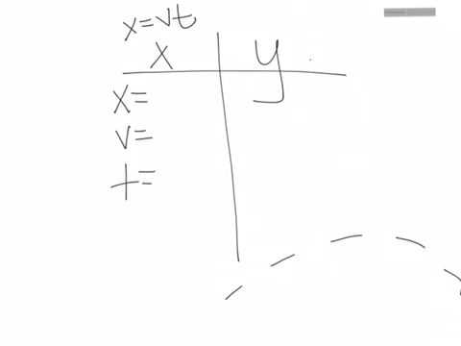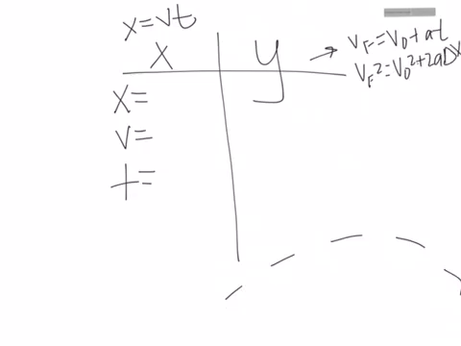In this column, we could use our vf equals v naught plus at, for changing velocity. If we don't know the time, you can use vf squared equals v naught squared plus 2a delta x.